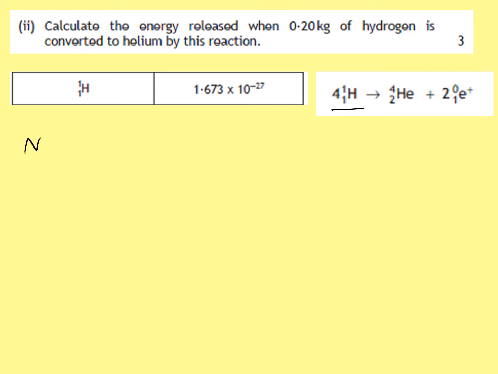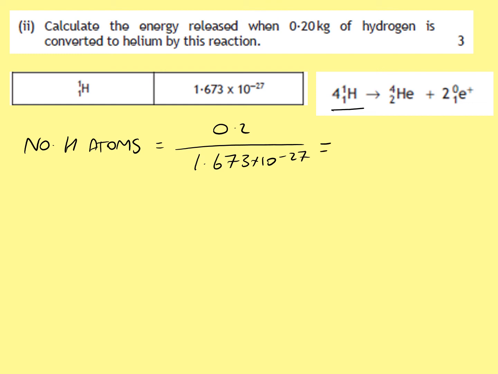So the number of hydrogen atoms is equal to 0.2 kilograms divided by the mass of one single atom, which is 1.673 times 10 to the negative 27. And that works out to be 1.195 times 10 to the 26 atoms.